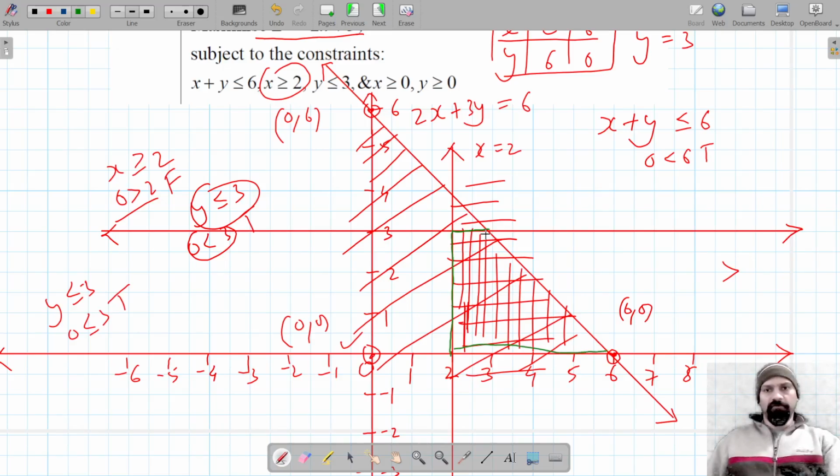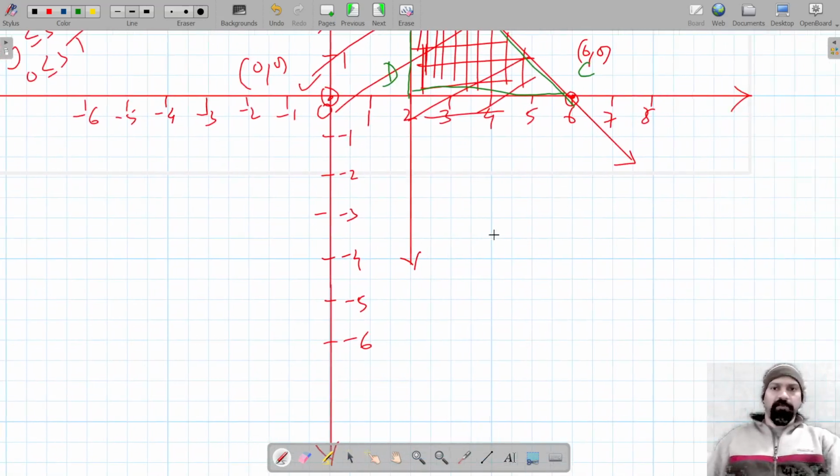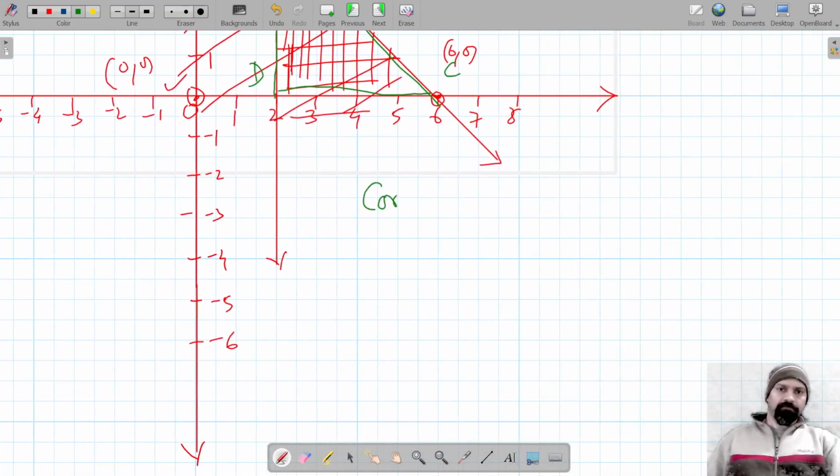So this is the common region for all the constraints, and it has corner points. Let me write down and denote those corner points. So these are A, B, C, and D. Let me write down the corner points.